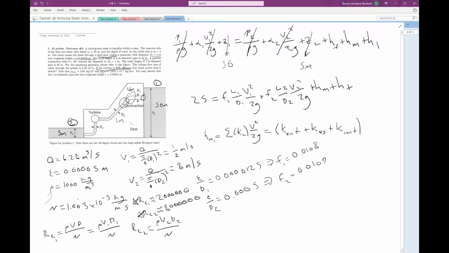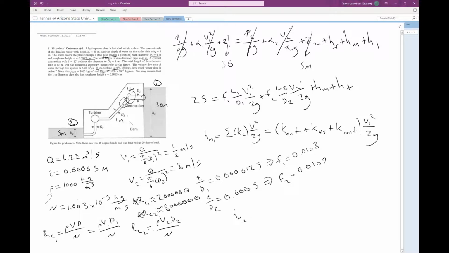And then we'll multiply that by V1 squared over 2g. So that's the expression for the minor loss in that first section of the pipe.